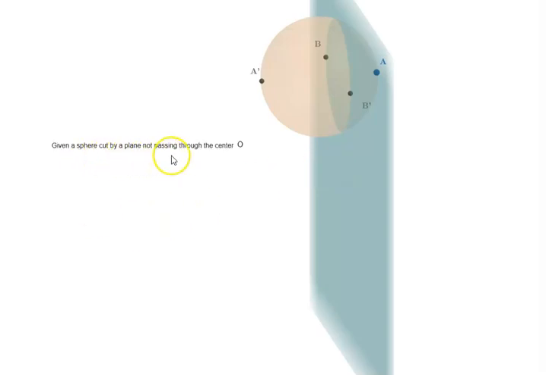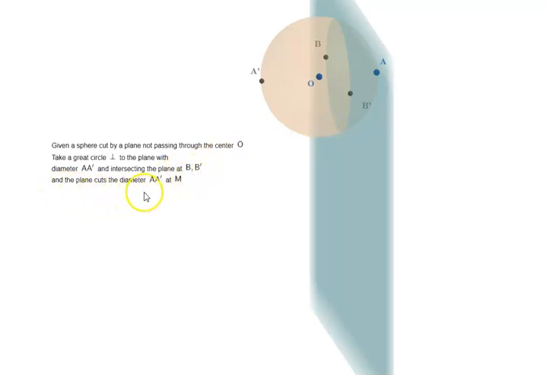Given a sphere cut by a plane not passing through the center, O, this plane is cutting the sphere into two, where the A'BB' segment is greater. Take a great circle perpendicular to the plane with diameter AA' and intersecting the plane at BB'.